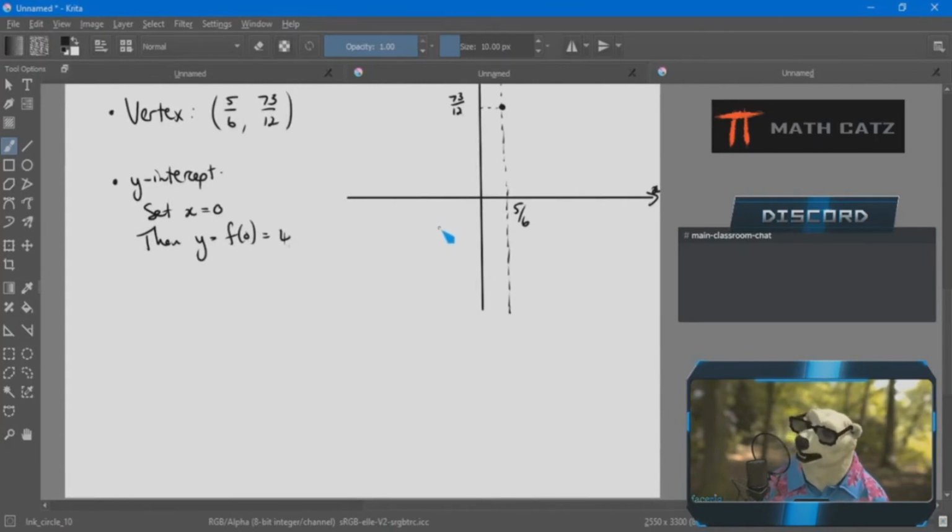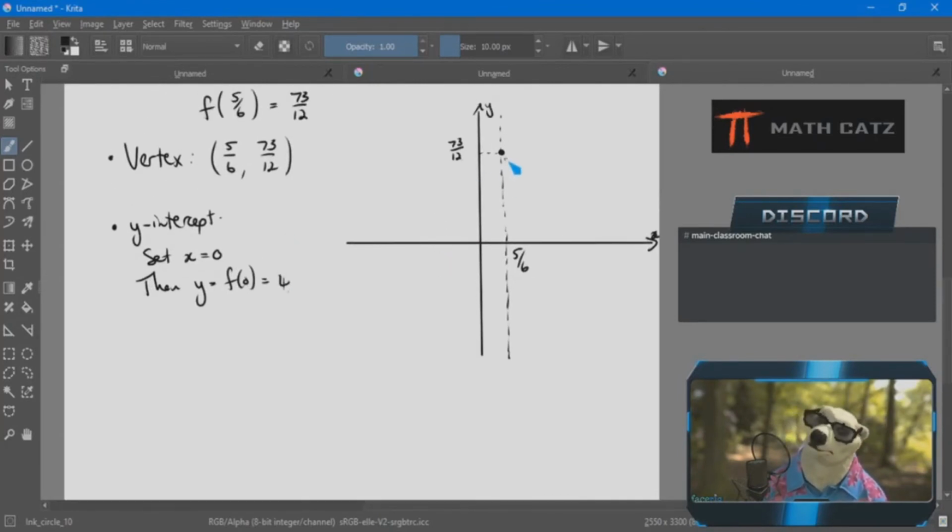So now I know I don't have a parabola too narrow. I'm going to cross maybe somewhere over here. I don't care about the scale or anything. I'm just going to mark it off, and that's 4. Now I just want to make sure my parabola is round at the vertex.